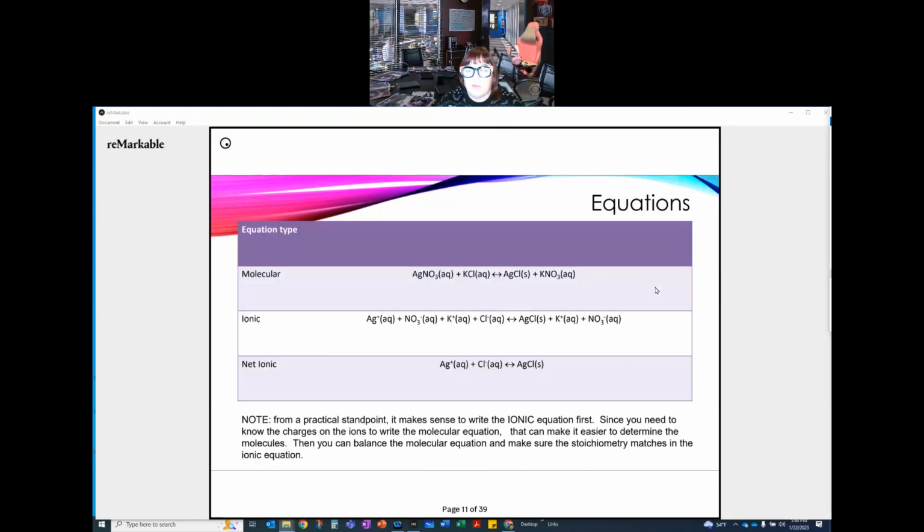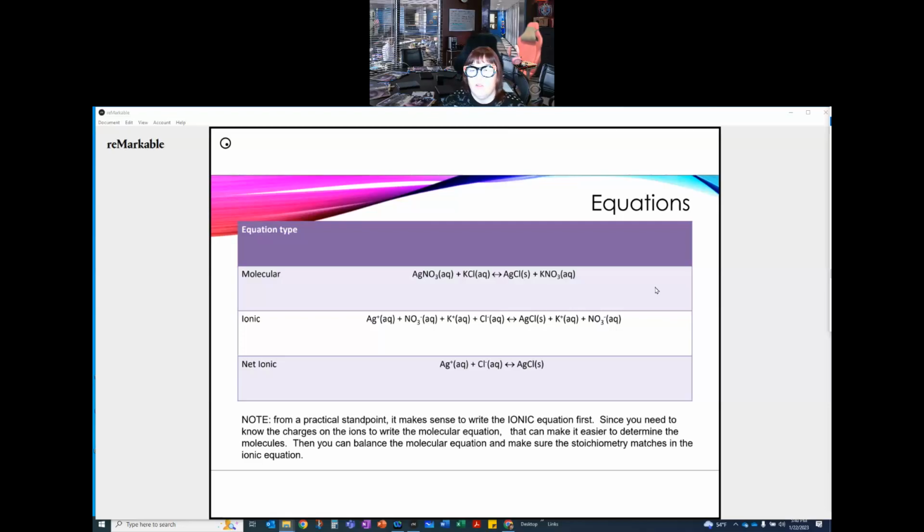Remember, we have three types of equations that we can write. We can write a molecular equation that shows everything that we're dealing with in terms of molecules. So for the reaction AgNO3, which is aqueous, plus KCl, which is aqueous, to give me AgCl solid plus KNO3 aqueous.